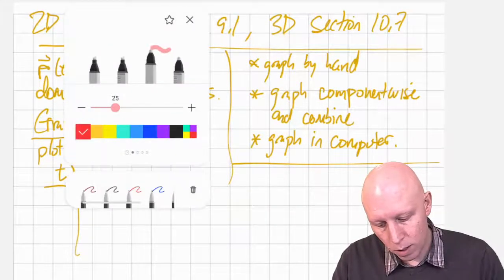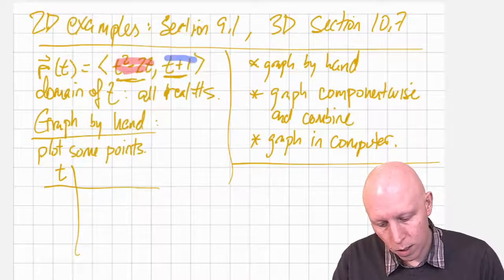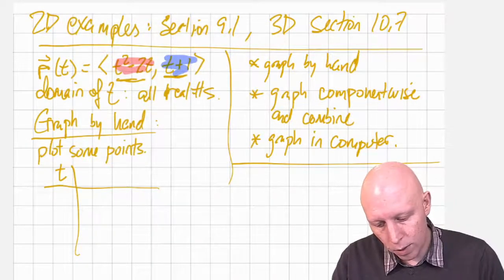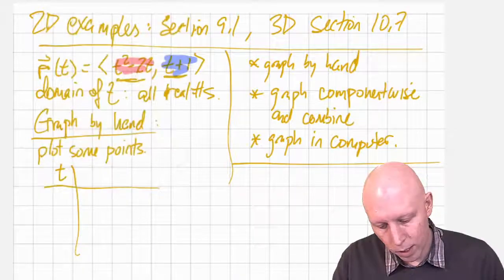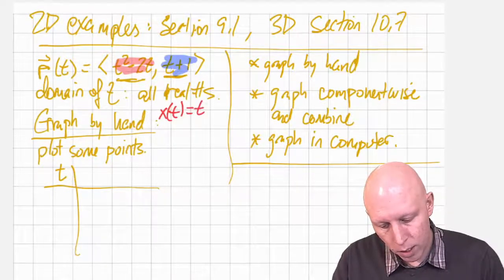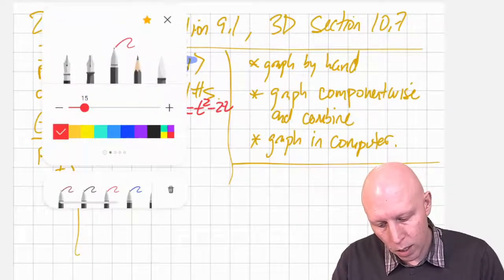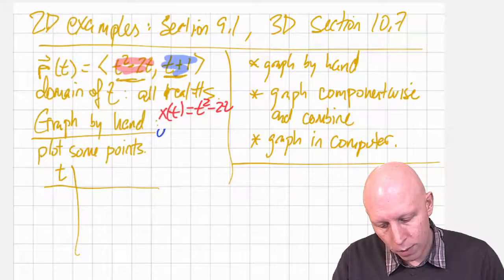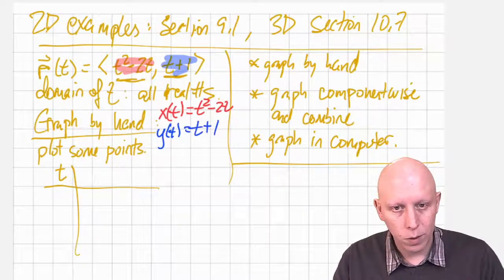We've got this one, we've got this one, and then let's use those colors. So this is x of t is equal to t squared minus 2t, and y of t is equal to t plus 1.